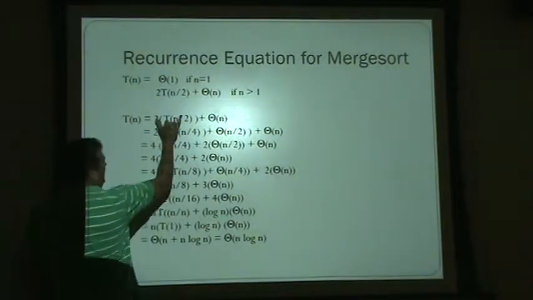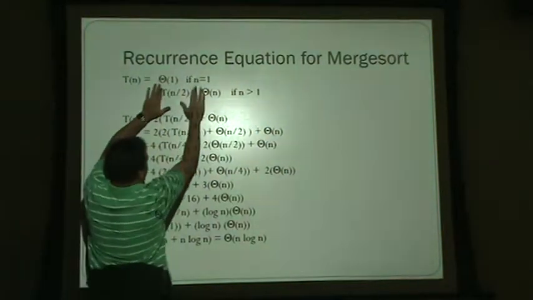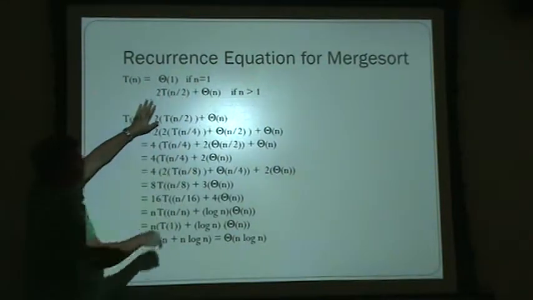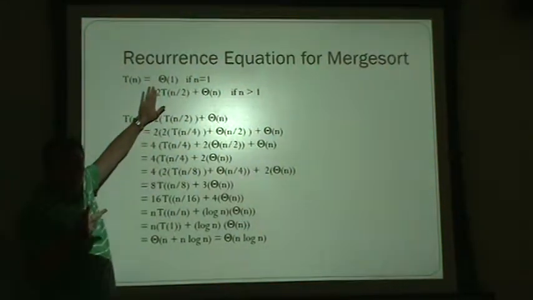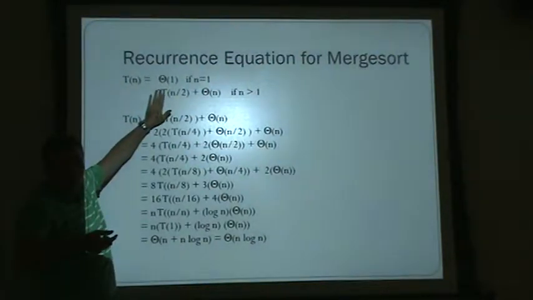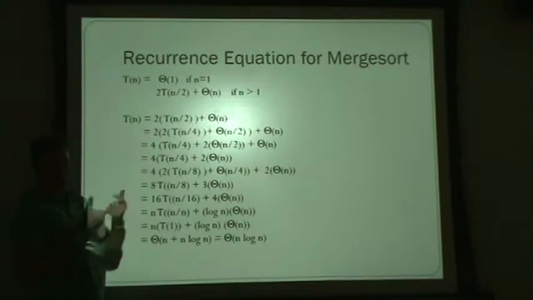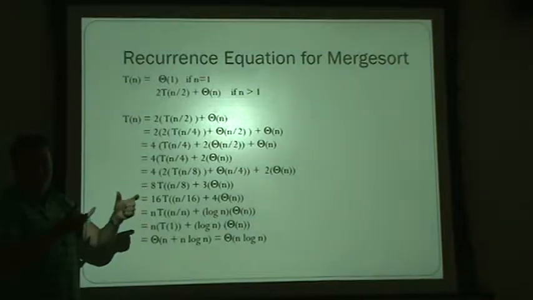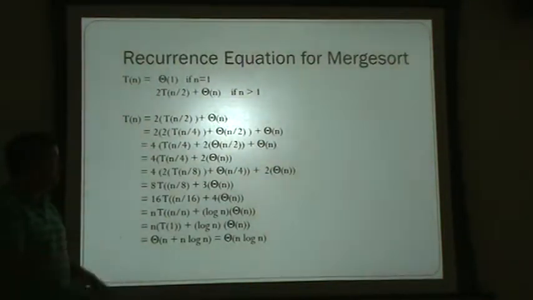How long does this piece right here take? T of n over 2. Well, T of n over 2 is going to take 2 times T of n over 4, right? The amount of time it takes to do half a list is 2 times the amount of time it takes to do a quarter of a list, times 2, and then we have to merge that together.